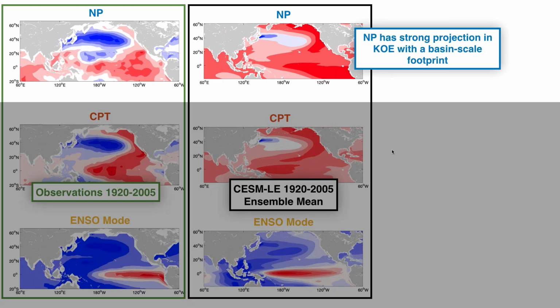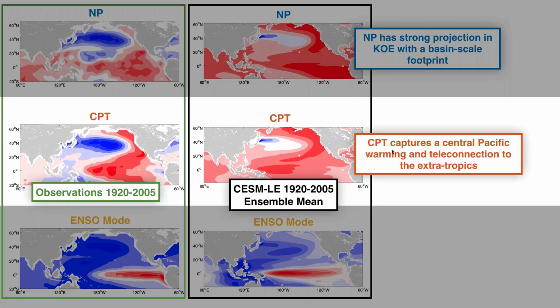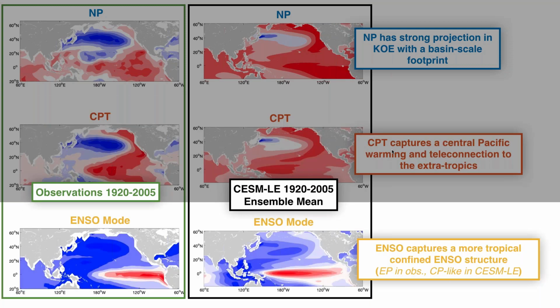And we found that both in observations and models, the North Pacific mode has a strong projection in the KE region with a basin-scale footprint, and the Central Pacific teleconnection mode captures Central Pacific warming and teleconnection to the extratropics. And the ENSO mode captures a more tropically confined ENSO structure.